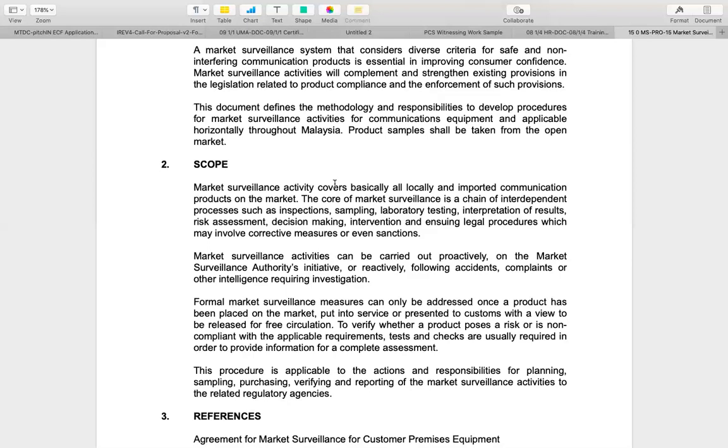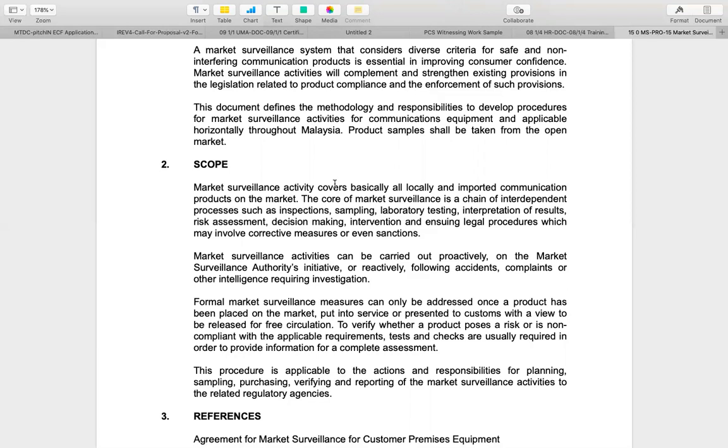Okay, the core of market surveillance is basically a chain of interdependent processes. That means we need to do inspections, and we need to do the sampling. That means we pick the samples that we purchase from the market, and those samples have to be sent to the lab for testing, because we need to verify whether they are still compliant with the standards.